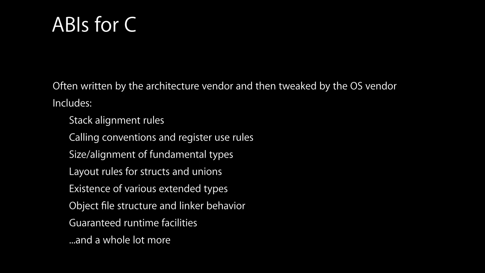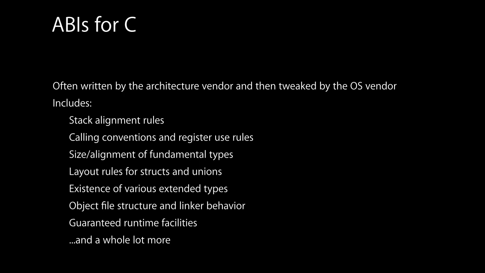ABIs for C are generally written by the architecture vendor and then tweaked by the OS vendor. So the OS vendor is really the source of truth for this. Linux, for example, relatively recently changed their C ABI to change things like the stack alignment. The ABI covers a whole lot of things, most of which are handled automatically for us by the backend.